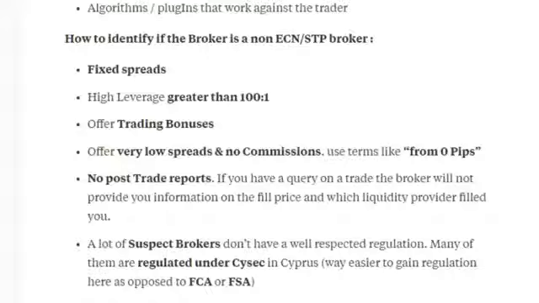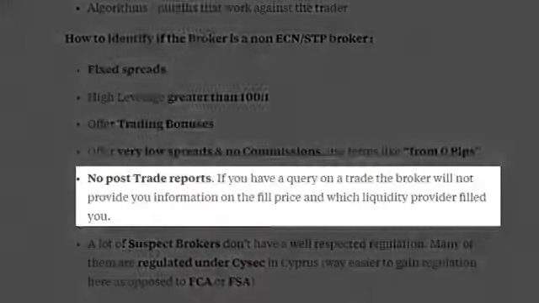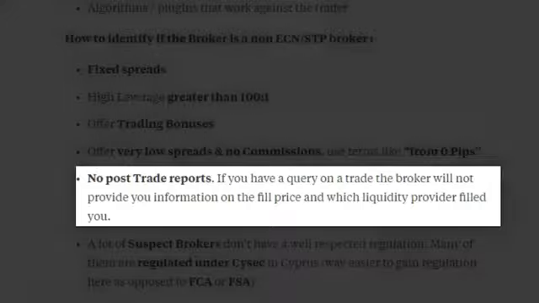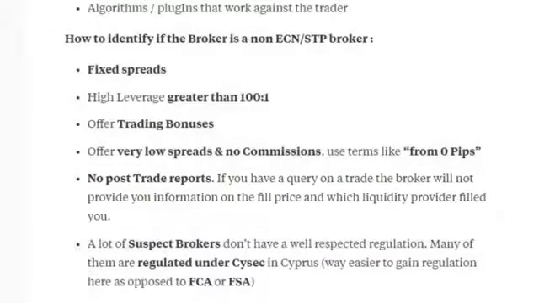What they'll also do is, if you've had a trade and there's a dispute and you're looking for a trade report on the actual query that you're having on your trade, they will never offer you this information because, as I said, it's being internalized and they cannot show you the actual trade that was passed on to the liquidity provider.